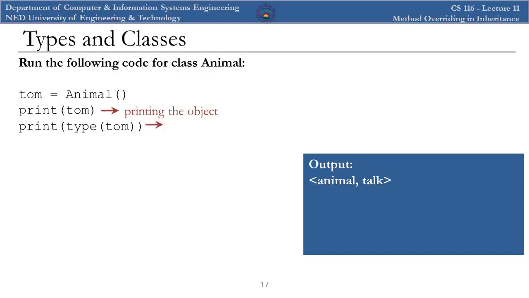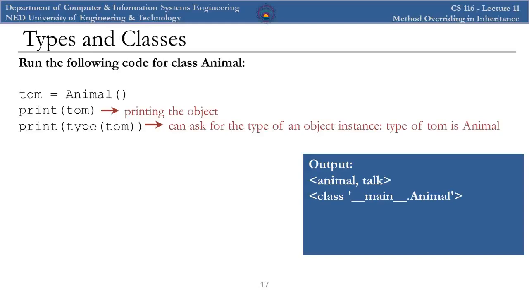So here, okay, we are asking for the type of Tom, and this is the expected output. Class main animal, or you can simply say class animal. That means Tom belongs to this class animal, or you can say Tom is of type animal, or the type of Tom is animal, right?